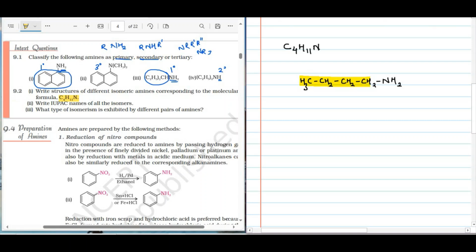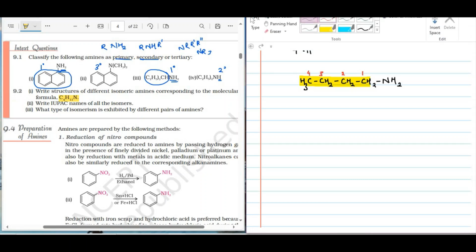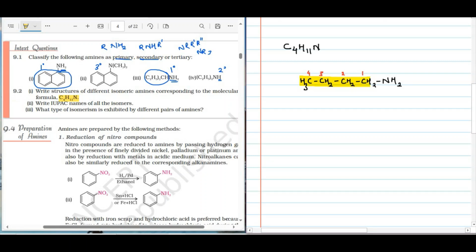So when you number the chain, you have to number it from the right direction. So here this is 1, 2, 3 and 4. So the name of this isomer will be butane-1-amine. This is the first isomer that we have drawn.